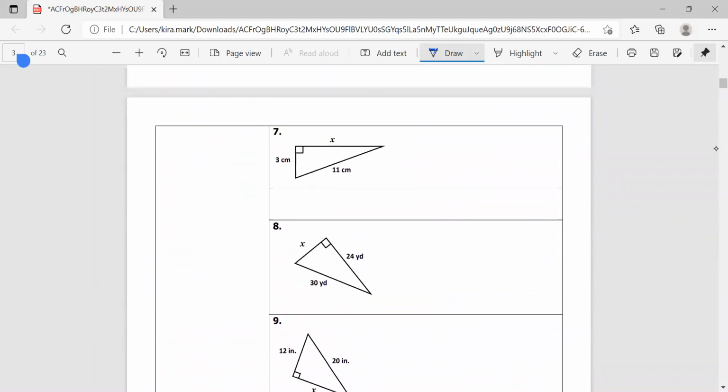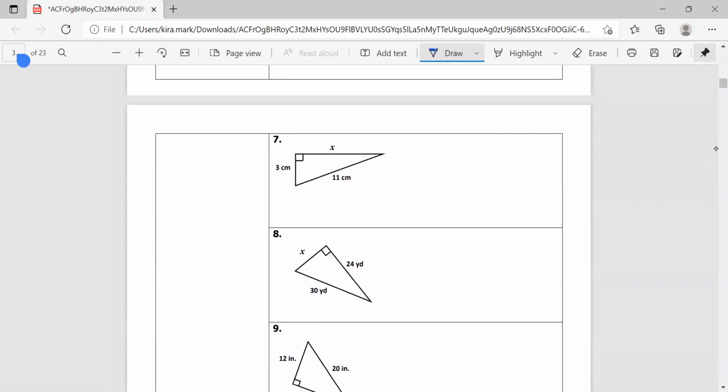One of these is a little bit different. So let's look at this one. For number 7, we have C here. And then again, A and B don't really matter. Setting it up, 3 squared plus B is x, x squared equals 11 squared. 3 squared is 9 plus x squared equals 11 squared, which is 121.